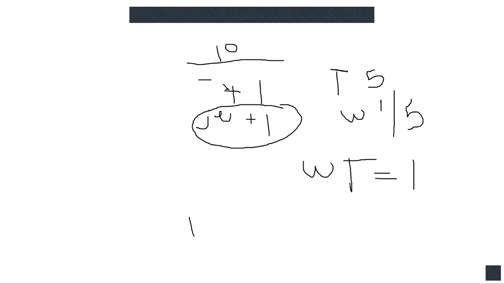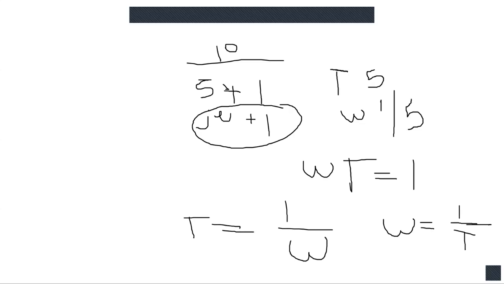Suppose we rewrite this equation. It will be t is equal to 1 upon omega, that we already know. Or the other way around, we can write omega is equal to 1 by t. So in your transfer function, suppose you have s plus 5 and you take this 5 common, you get 1 plus s by 5.